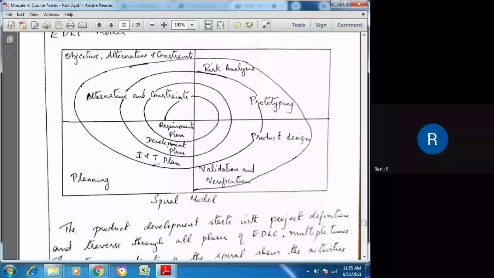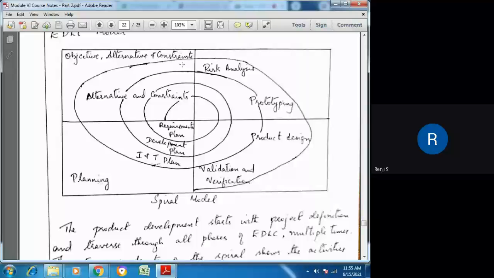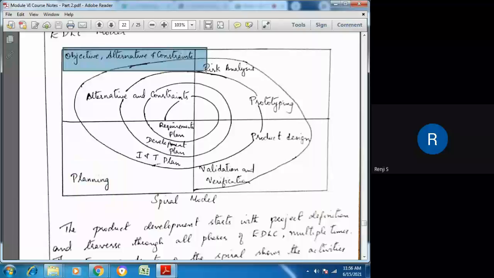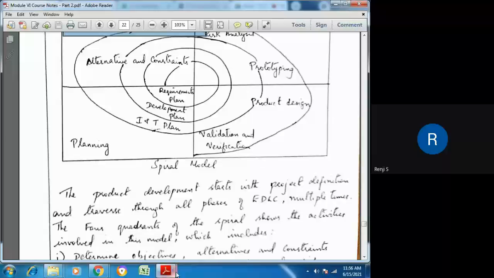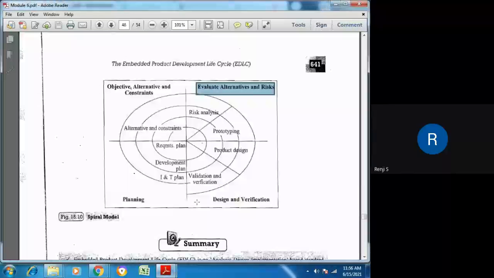This figure shows that it is divided into 4 quadrants and goes as a loop, where the first phase is planning. Second, you go to objectives, alternatives, and constraints that should be satisfied by the system. I'll show this diagram. See, this is the planning phase, and then you have objectives, alternatives, and constraints to be checked.